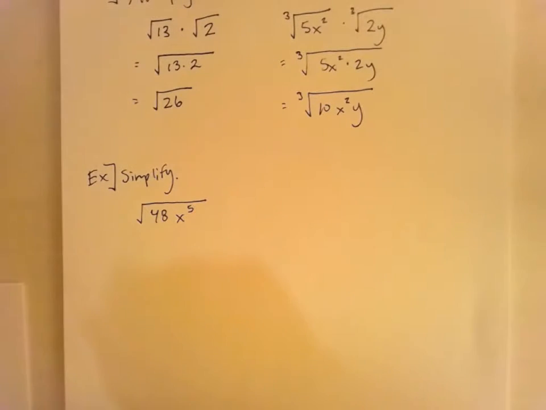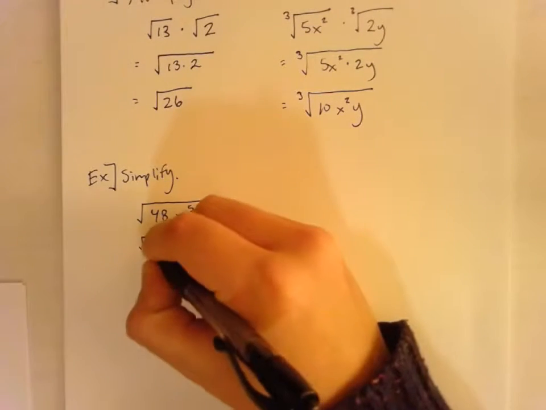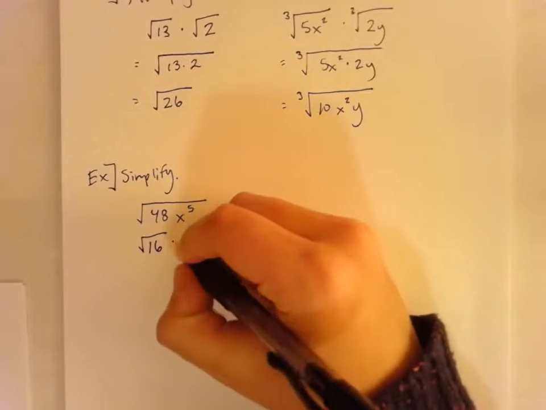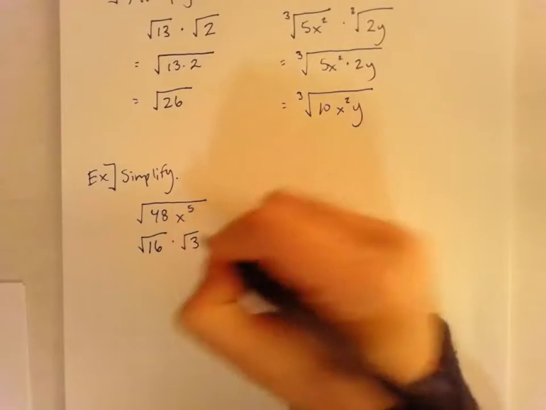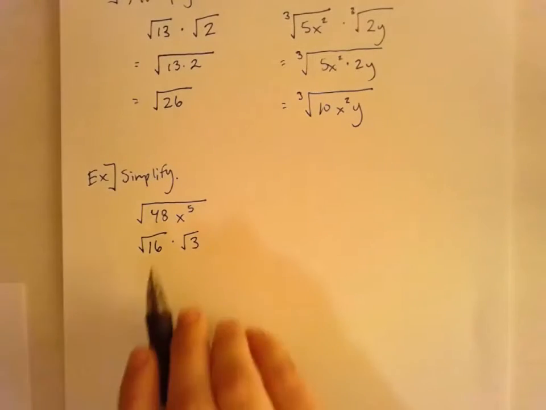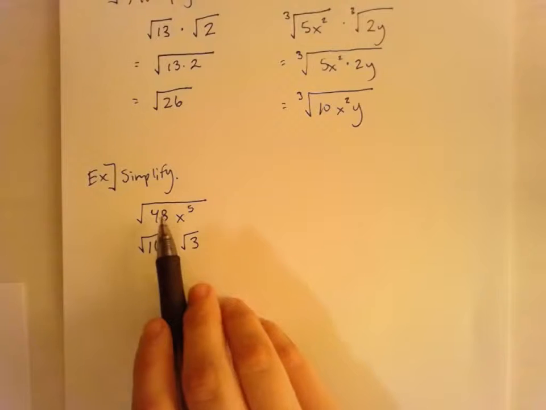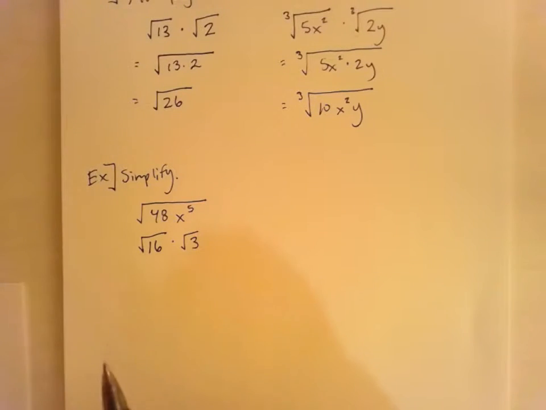That really can't be changed. It's just the square root of 48, unless I think of it as a perfect square times something else. 48 is not a perfect square. However, 16 is. So what I can break 48 up as is the square root of 16 times the square root of 3. Because 16 times 3 is 48, and now you can see I've taken out a perfect square.